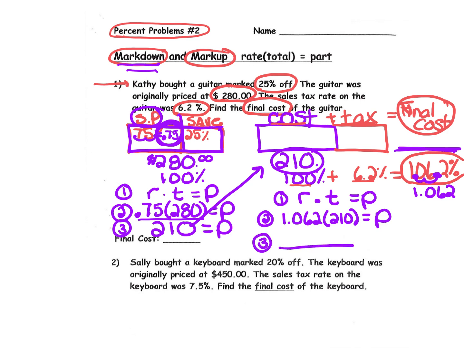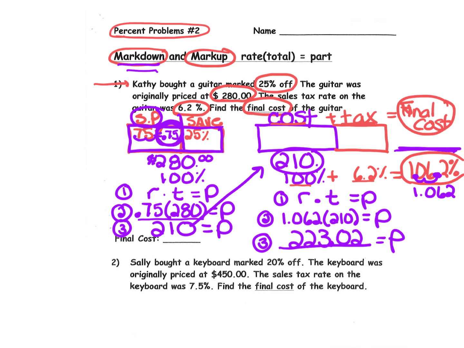Let's take a moment and multiply using our calculator. You should end up with a final price of $223. That is the cost of the guitar, the sale price of the guitar, with the tax included.